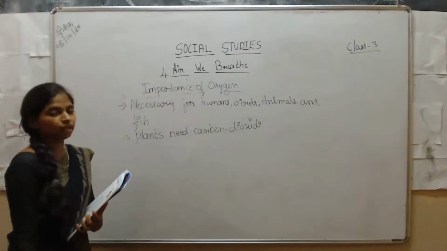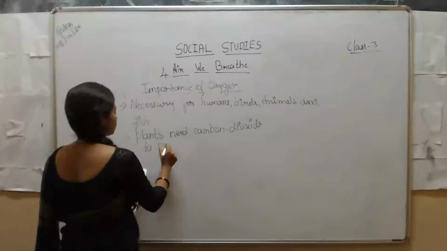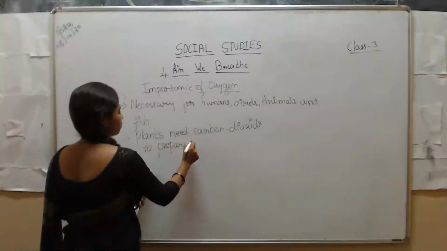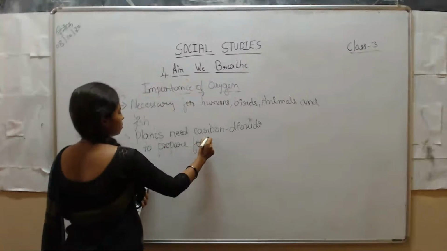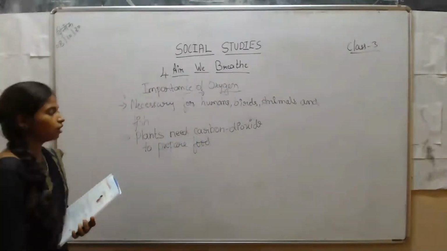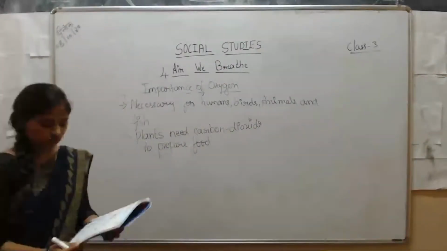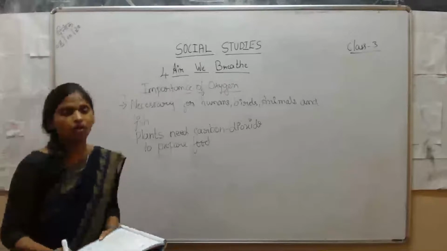They need the carbon dioxide to prepare food. So these plants will prepare their food with the help of carbon dioxide, and then make life possible on the earth.